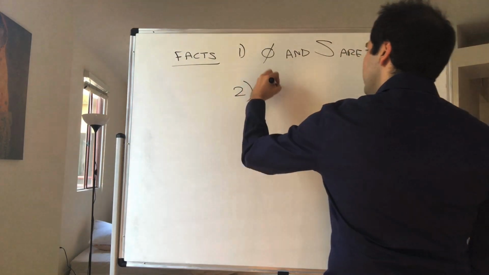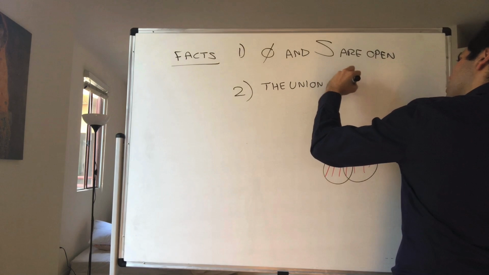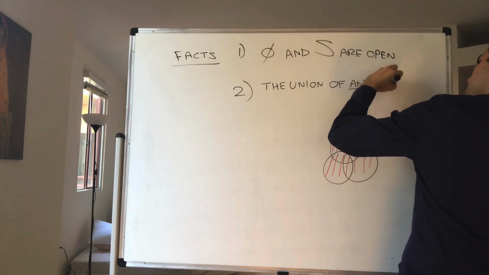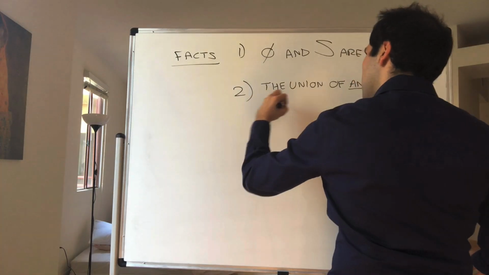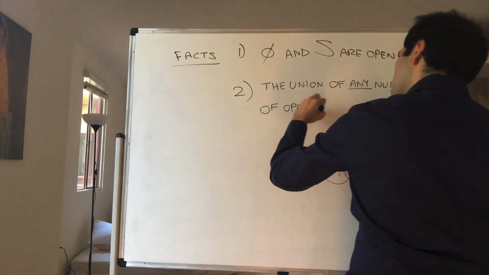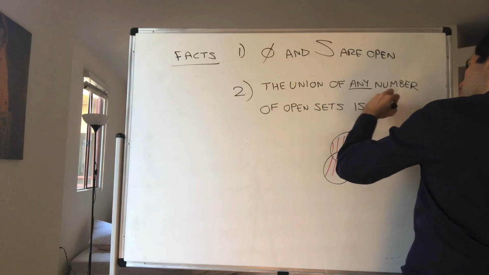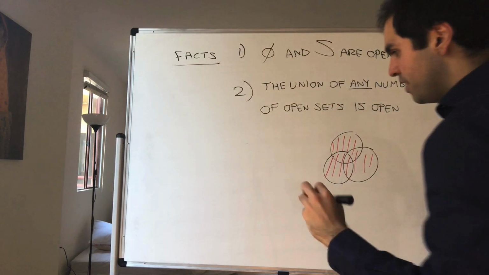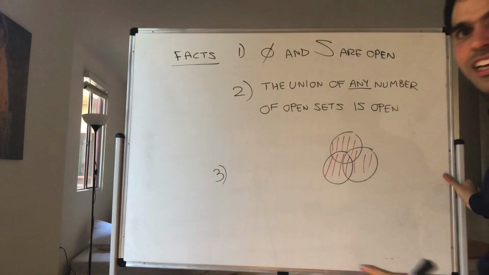So the union of any number of open sets is open. And you might ask, is the same true for the intersection?